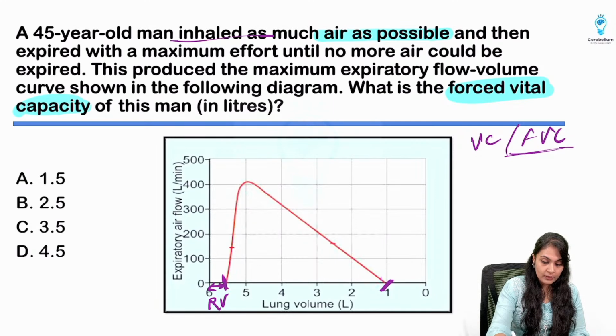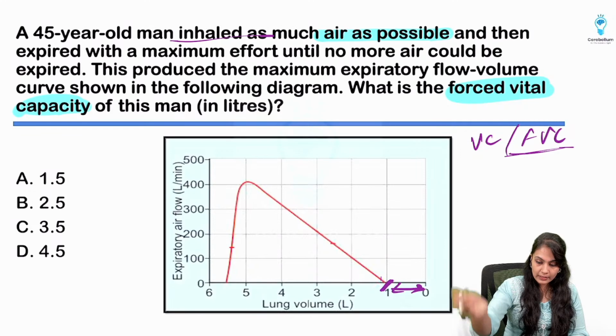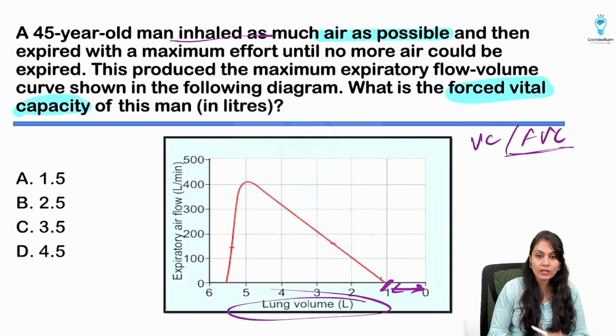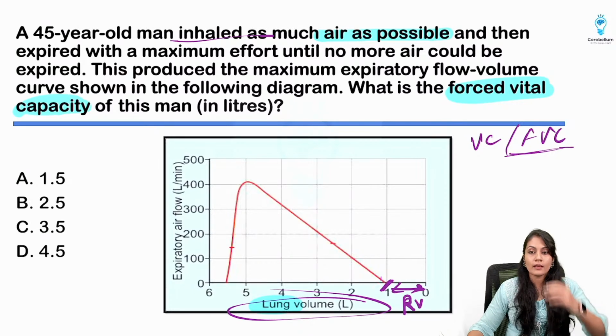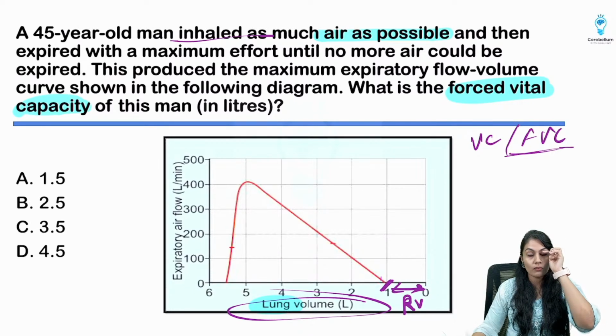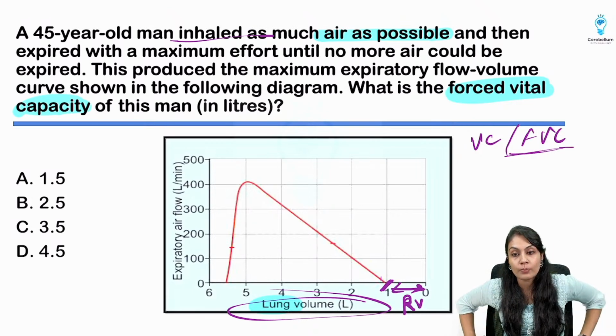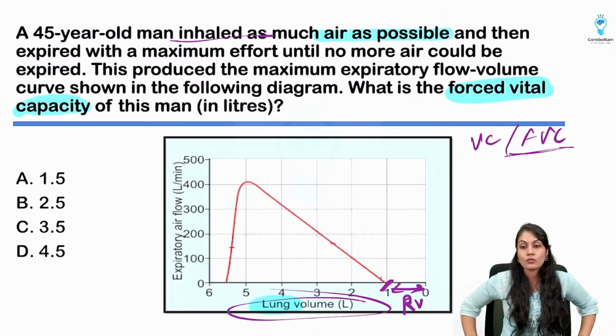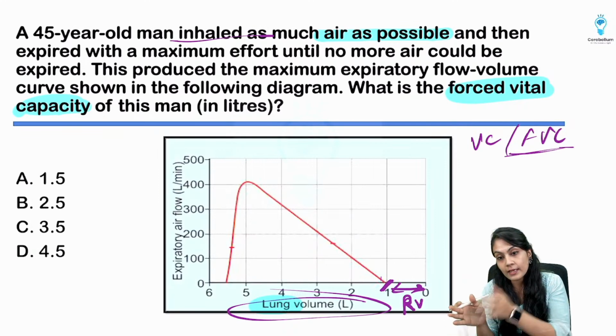I have written this reversed, this amount. They have given the volume in the lungs, so lung volume is given, not the spirometer volume. So it will be reversed: this is going to be the RV present in the lung. Why? Because they are not measuring the volume of the spirometer, they are measuring the volume of the lung. Whatever amount of air remains inside the lung, that is RV.